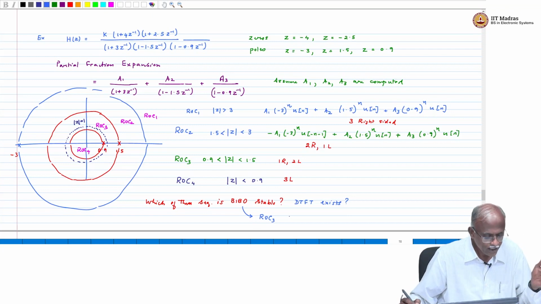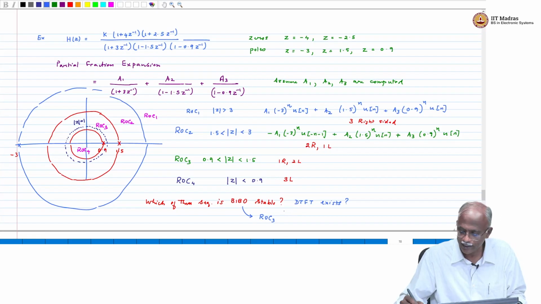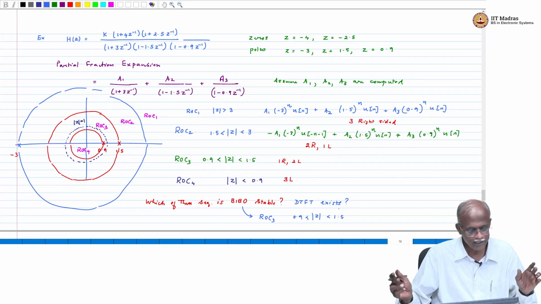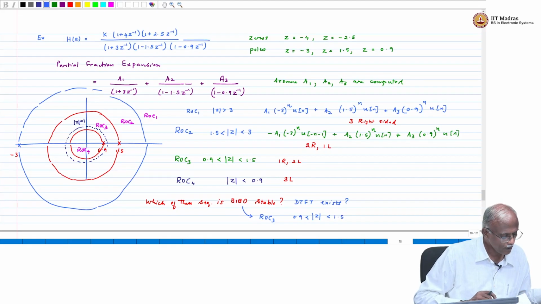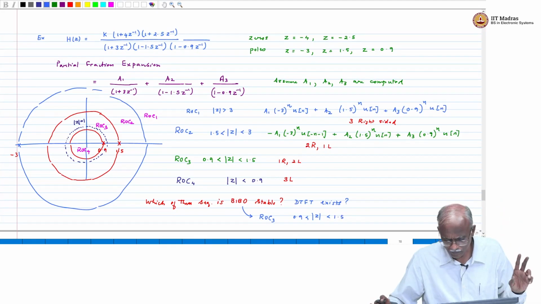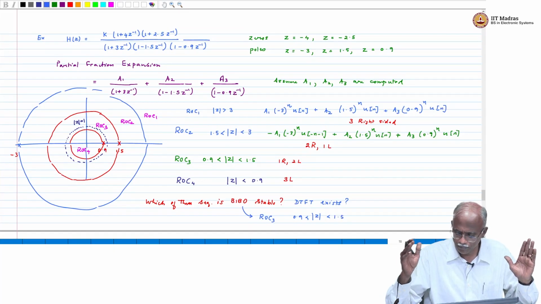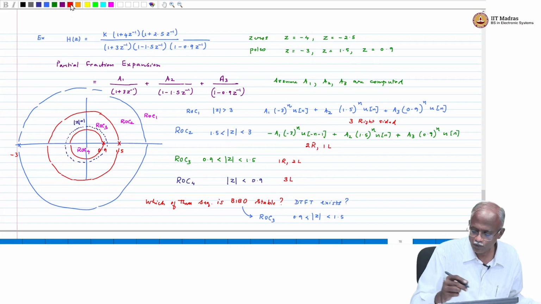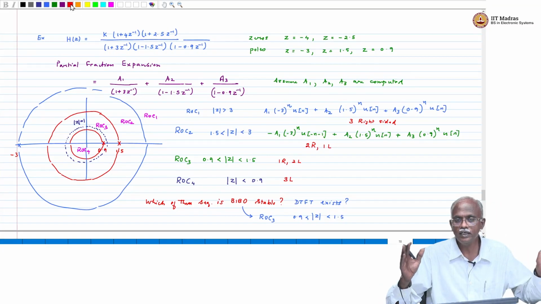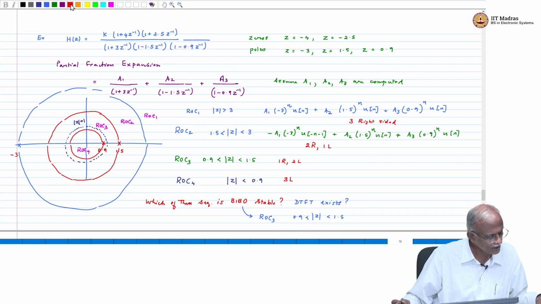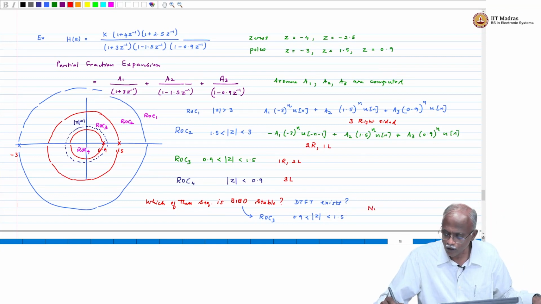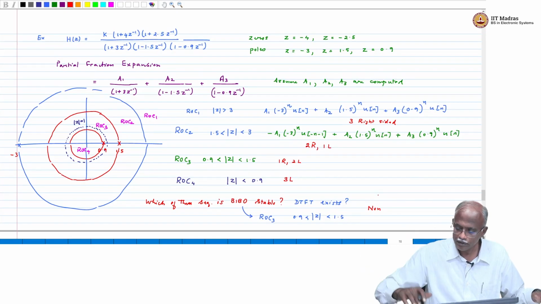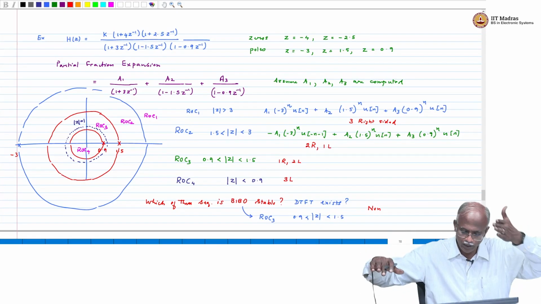So you can write down the sequence for which it exists. That will be for mod z greater than 0.9, less than 1.5. That is the ROC that we are interested in. And again, if you are asked to declare what type of sequence this is, is it causal, anti-causal, it is a non-causal sequence, because it produces one right-sided sequence and two left-sided sequences.